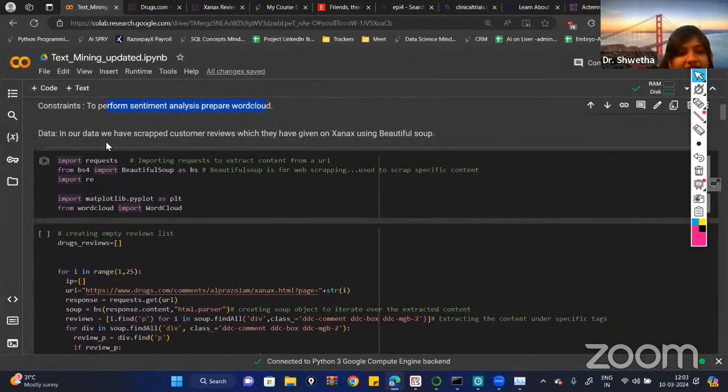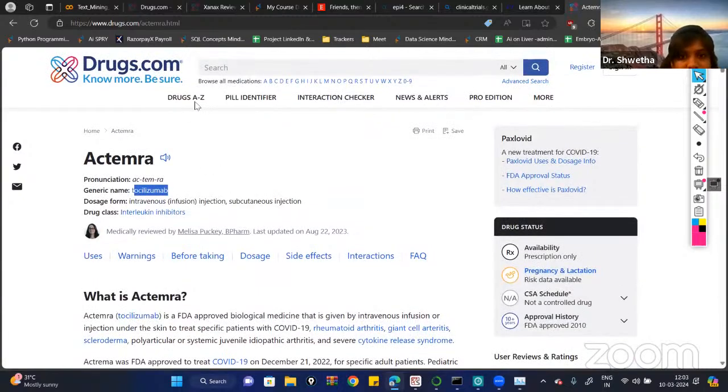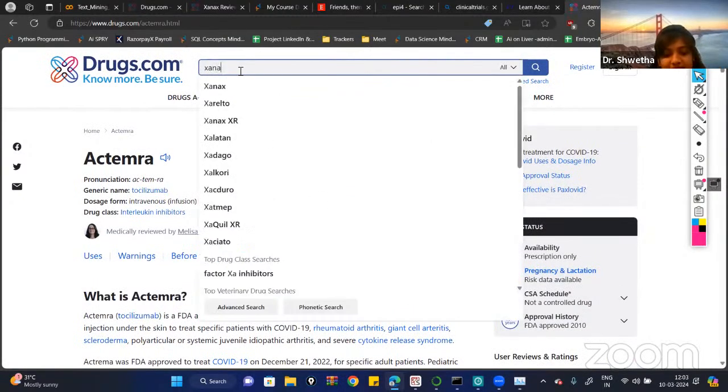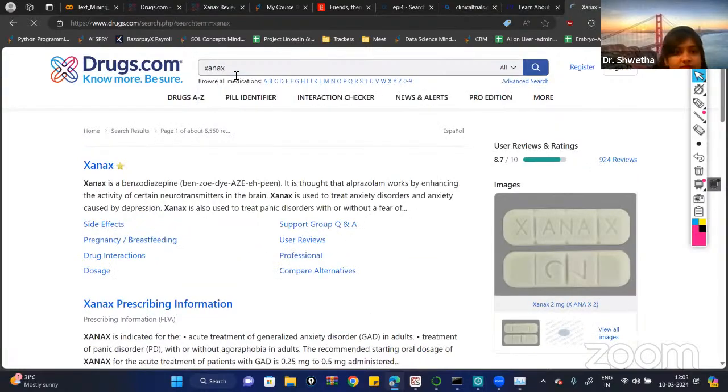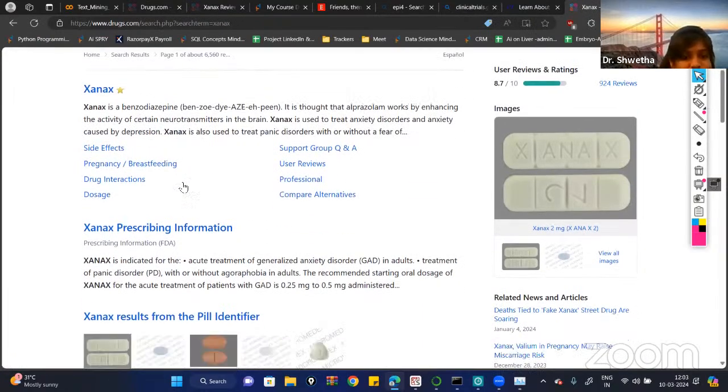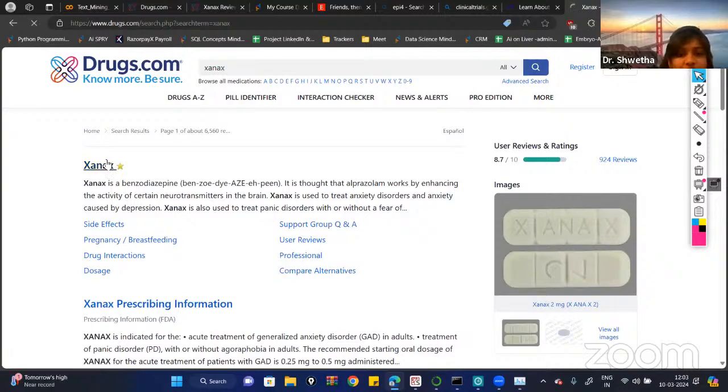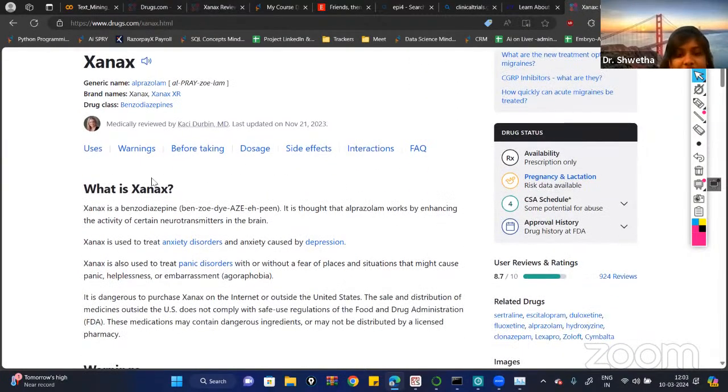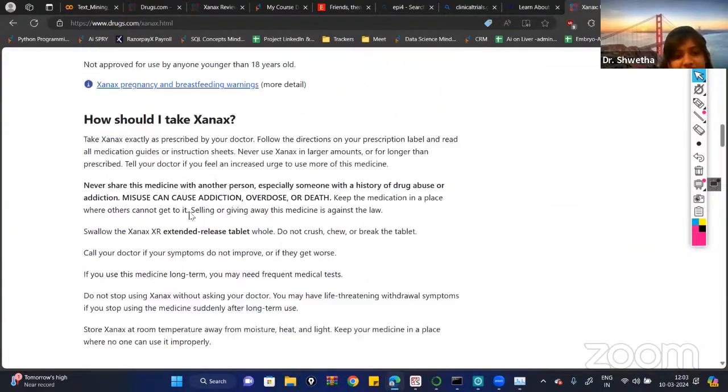Here, the data we have taken is the scraped customer reviews data on the drug Xanax using Beautiful Soup. You are using the library Beautiful Soup and scraping the customer reviews on the drug Xanax. Let me go back and search for the drug Xanax. This is the drug we are trying to extract the reviews for.